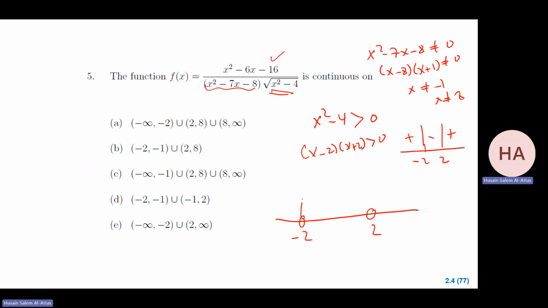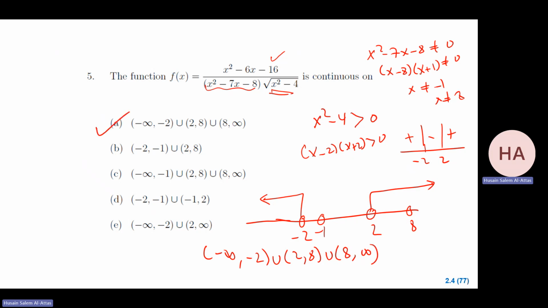So it needs to be like this, and this is like this. Okay. So where is minus 1? Minus 1 is here. It's outside my actual interval, but 8 is here. So I have from minus infinity to minus 2, union 2 to 8, union 8 to infinity. And that will be my answer.